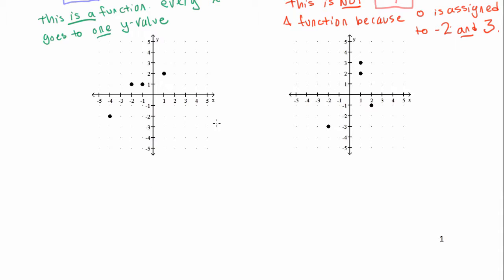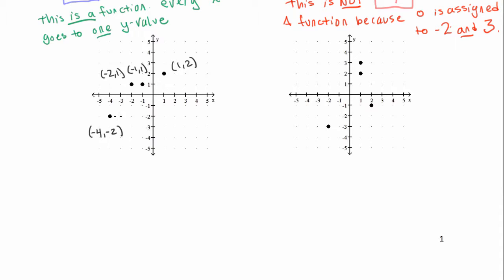Okay, here we have a couple more examples, and now these two graphs are actually relations. These are sets of ordered pairs. This is -4, -2. This is -2, 1. And then this is -1, 1. And this is 1, 2.